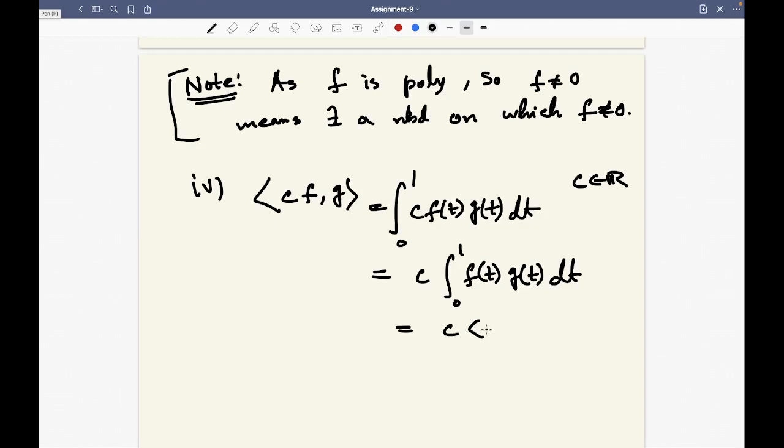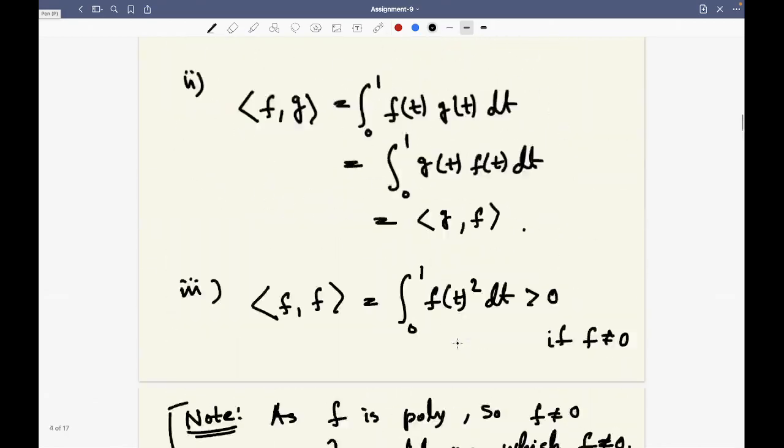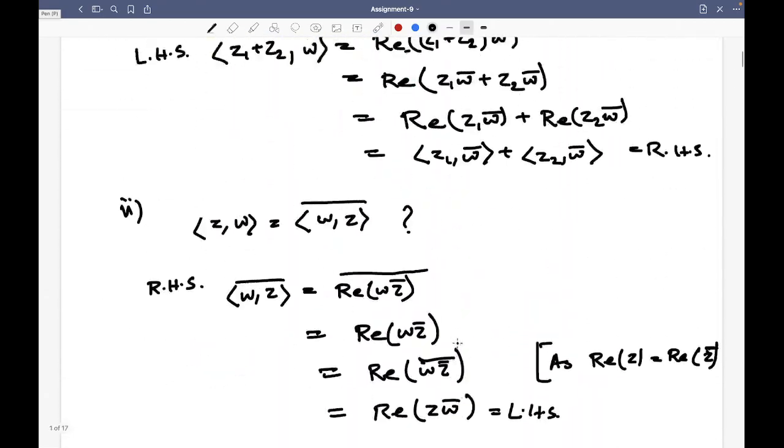So this is c times f inner product with g, right? So this also satisfies condition number 4. So this satisfies all the conditions, so this is an inner product. Okay, so option number 4 is also correct.